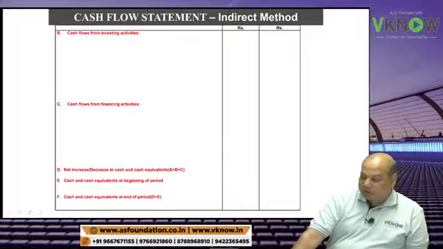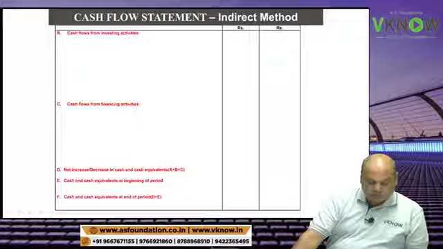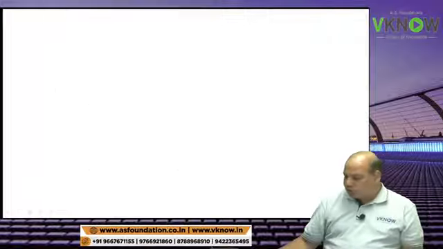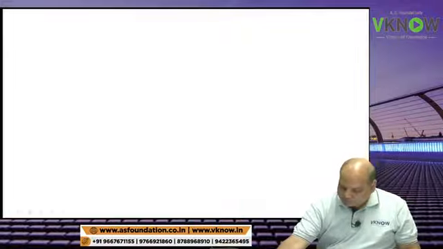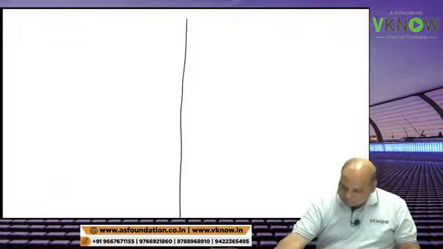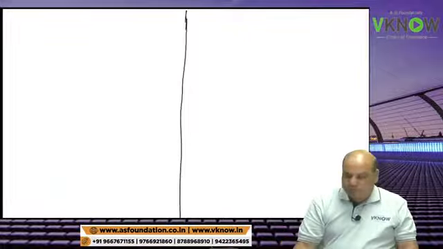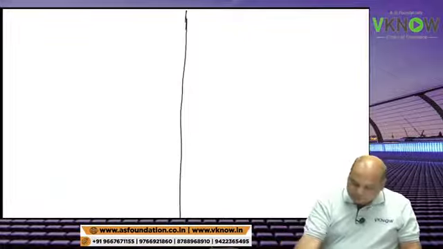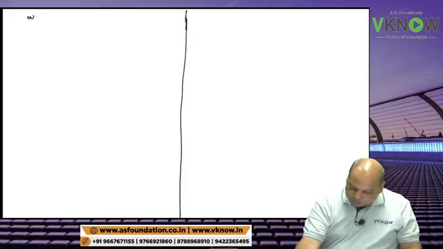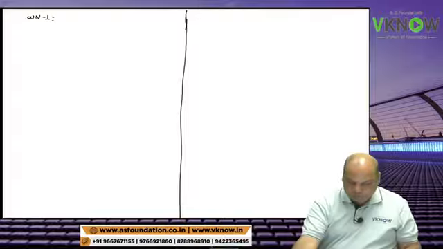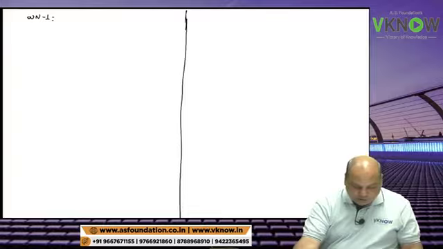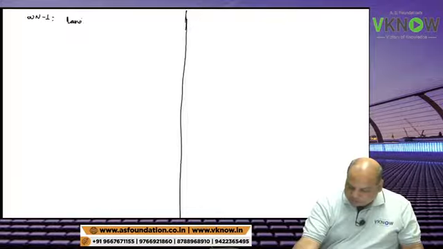This is the format. In order to solve the question nicely, we'll prepare working notes also. Write down below the table working note 1. Start from the asset side, we will require one land and building account.